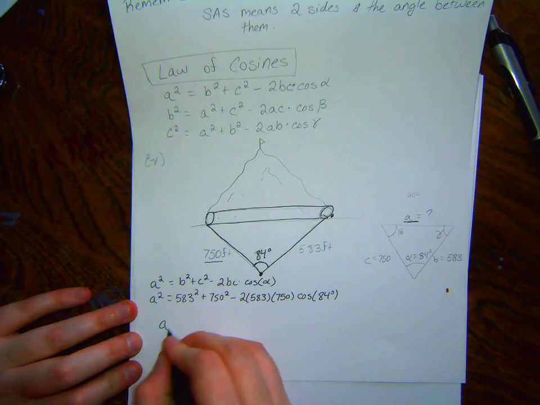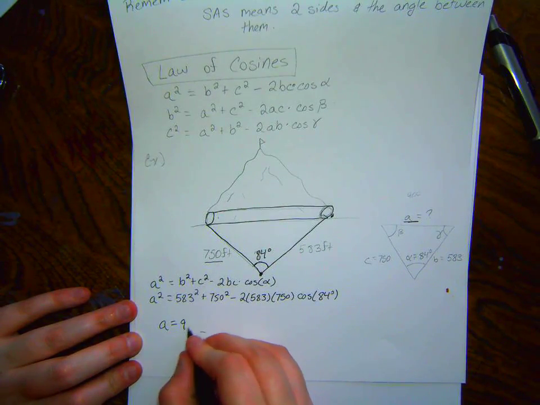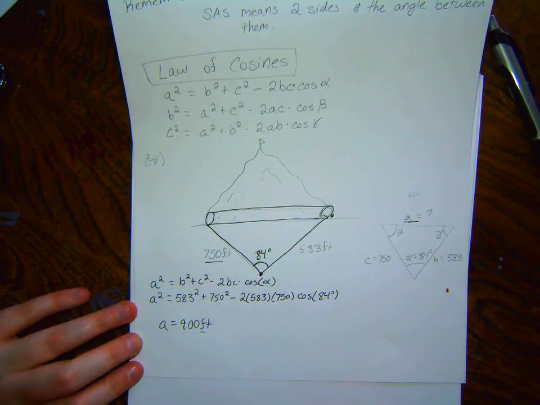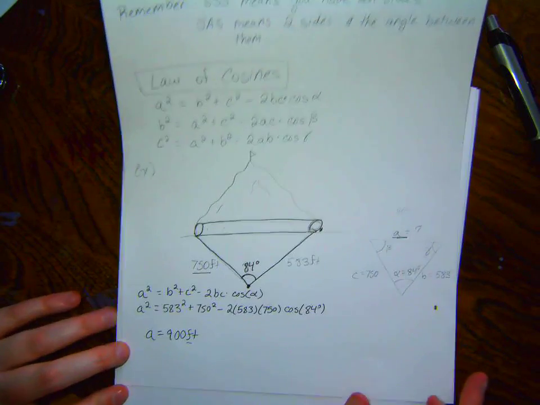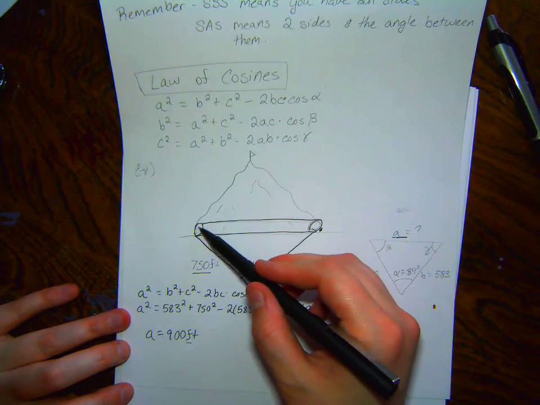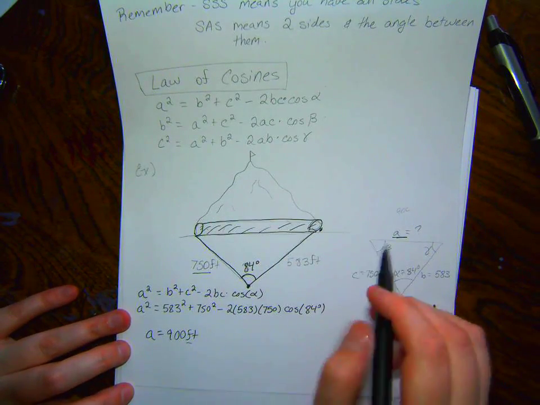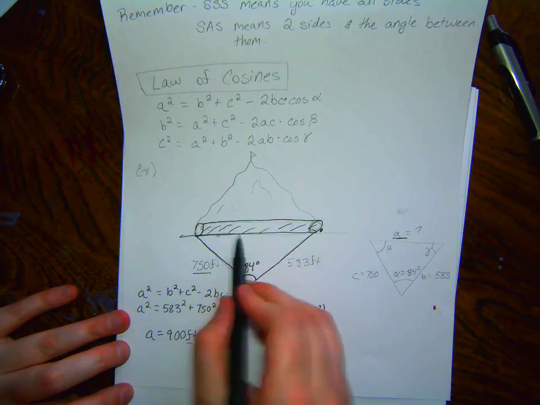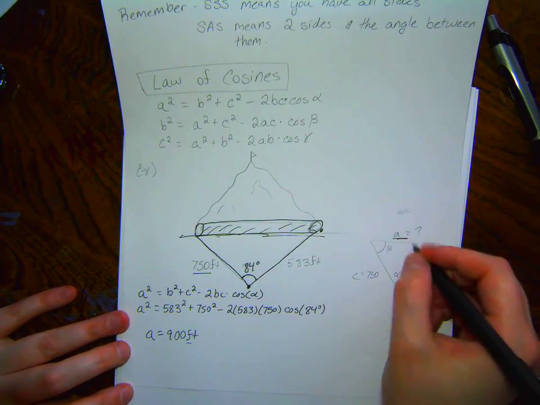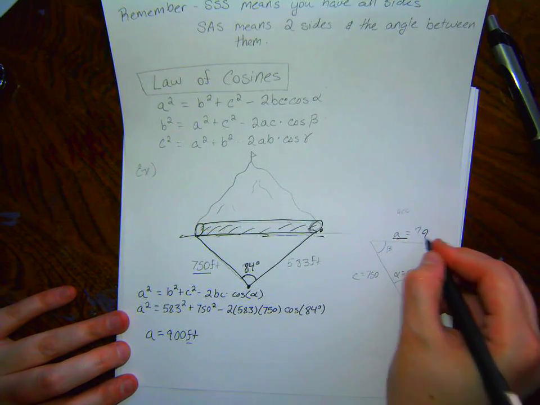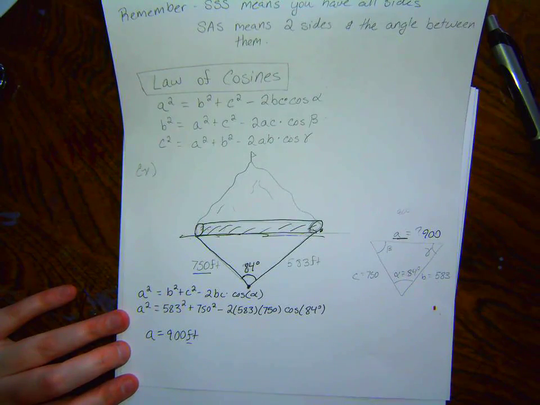So I get that A is about 900 feet, which is a really good estimate. That gives me an idea of how much material I'm going to bore out of here. It also gives me an idea of the pavement I'm going to need to lay down, etc. So A is about 900 feet.